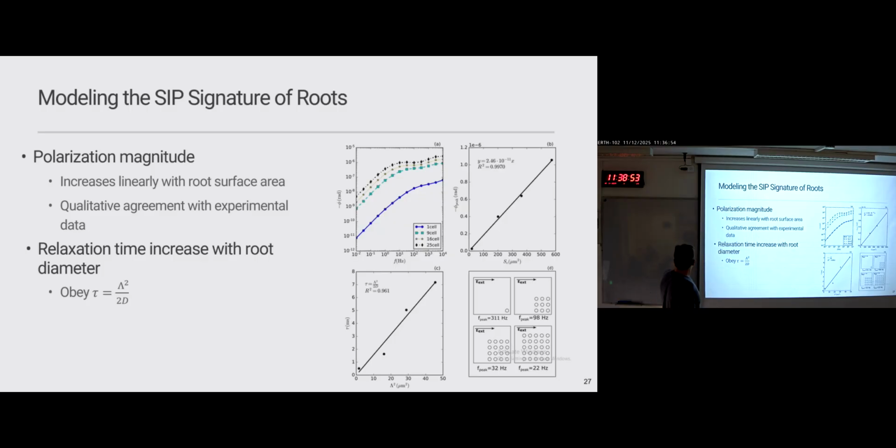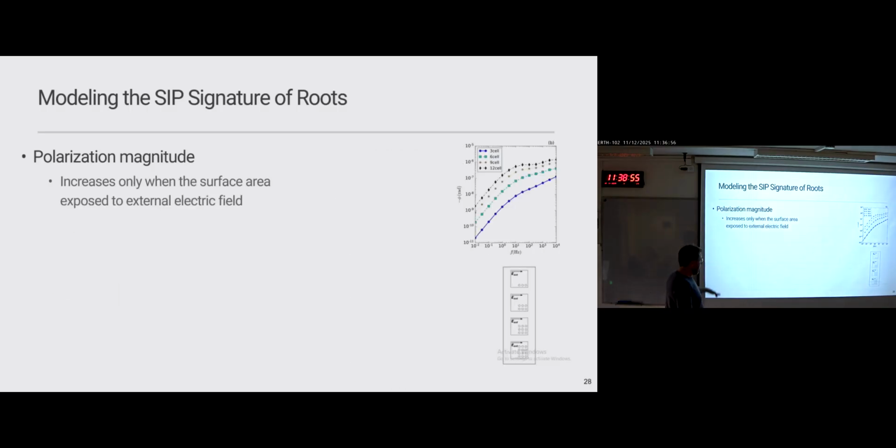But in order to further examine it, we conducted another numerical experiment. In this experiment, you can see here the way that we organize the root cells in space. So we have 3 cells here. Now we have 6 cells, 9, and 12 cells.